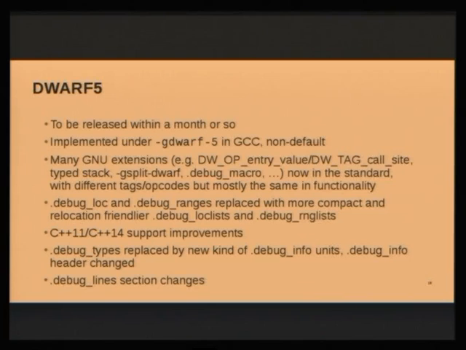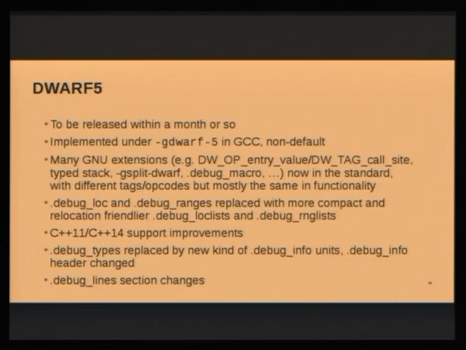There are various GNU extensions which we have implemented over the years that were actually accepted into the standard with some changes. So that's what we have implemented almost for free, because it was just renaming of stuff and so on. The location and ranges sections were replaced by sections where you actually can use fewer relocations, and it can be actually smaller and so on.